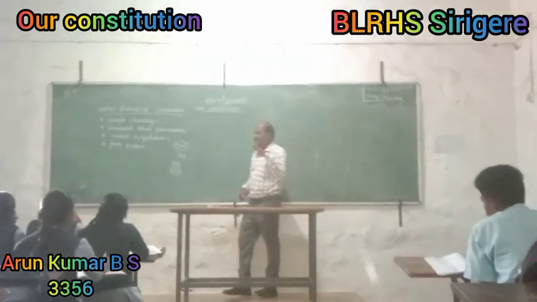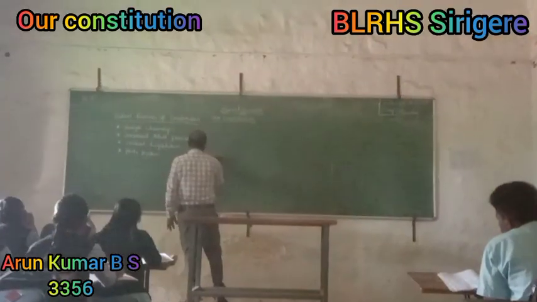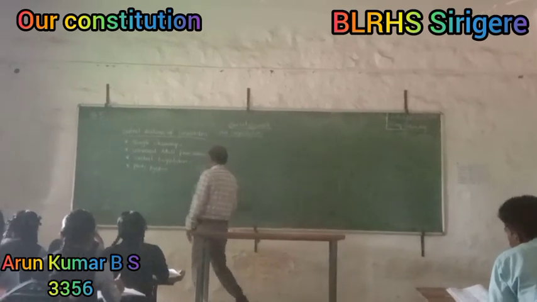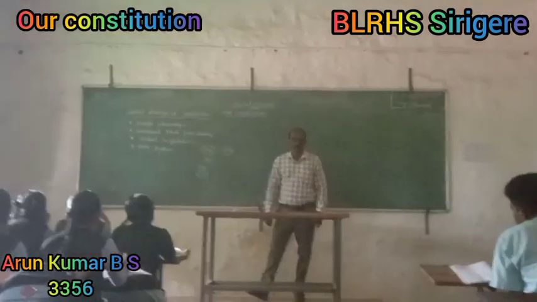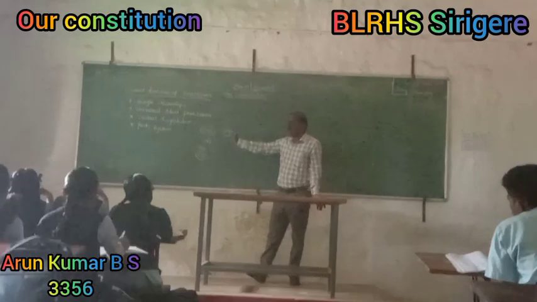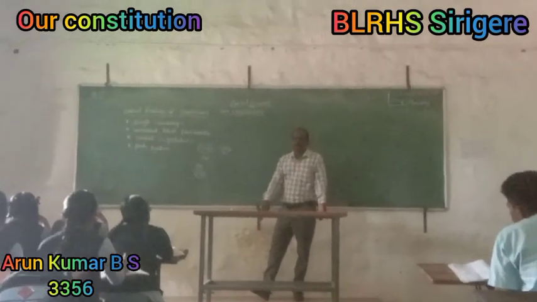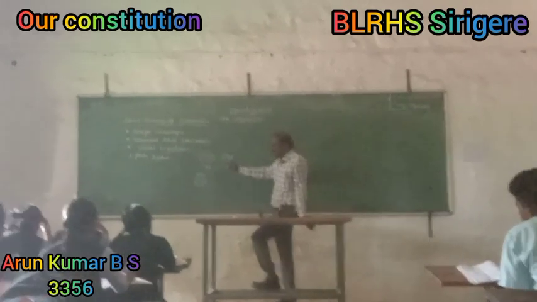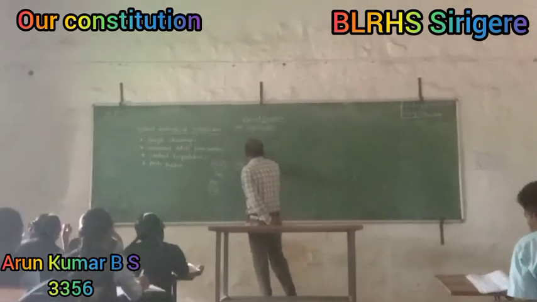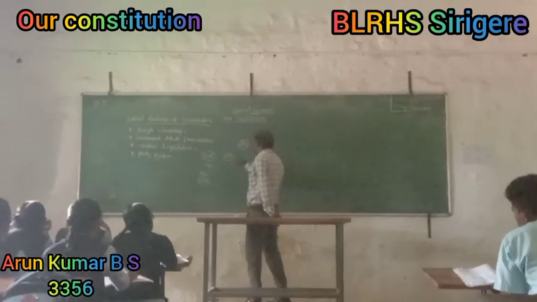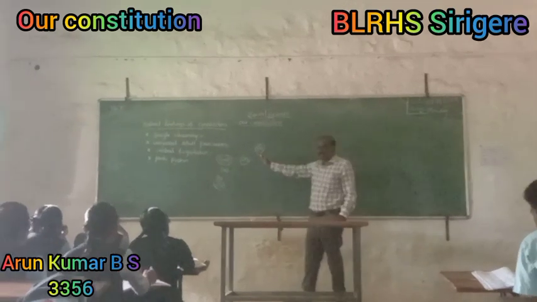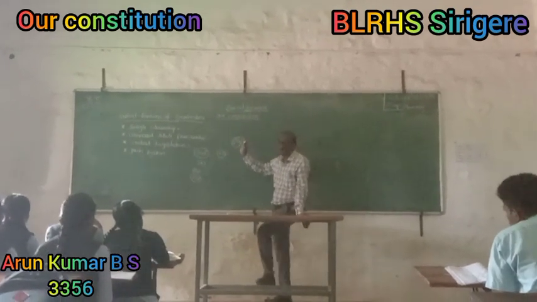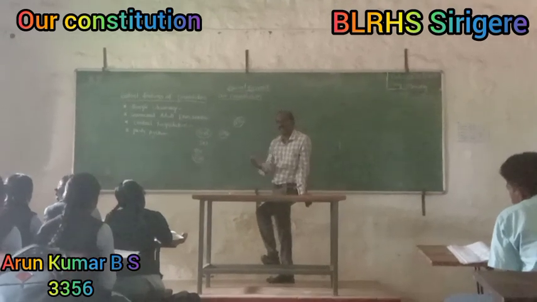Half of 545 is 272, so the party which owns more than 272 seats forms the government.